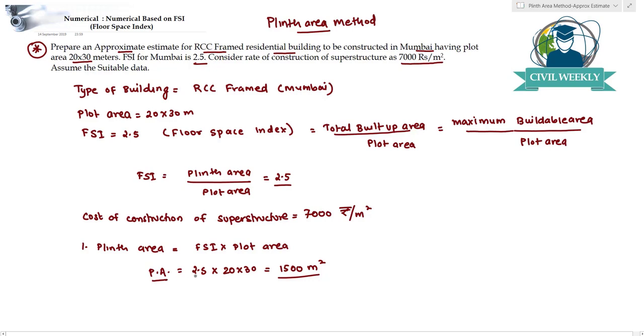Now, once we have got the plinth area, the next thing that we need to find out is the cost. So the cost of construction of superstructure will be equal to, let's say the quantity, that is the plinth area, into the cost of construction per unit of plinth area, that is given to us as 7,000 rupees.